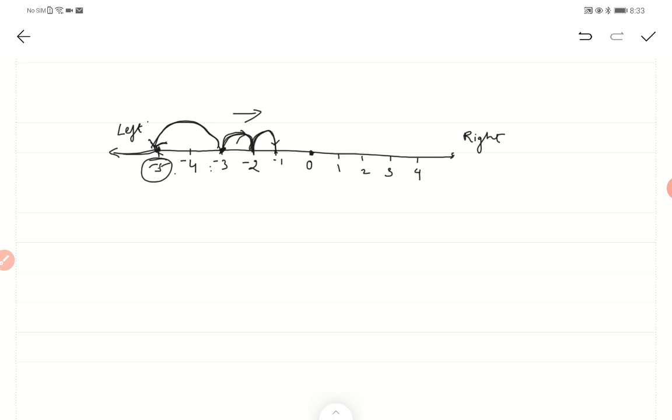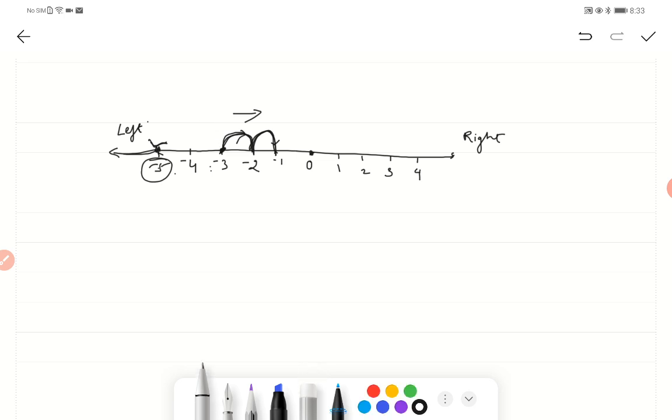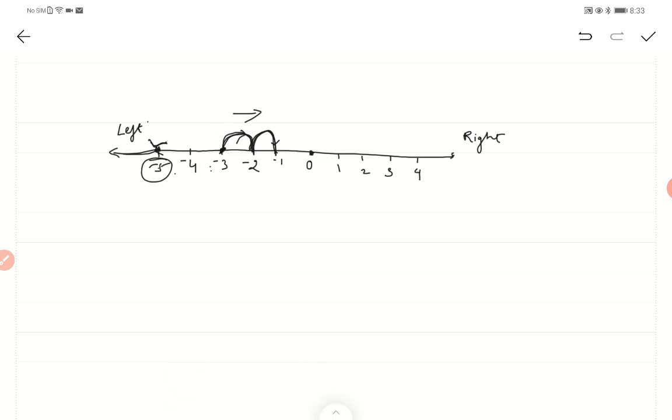This will be useful in your addition and subtraction. If they ask you to move 2 steps backward, you can move like this, or if they tell you 2 units, you can go directly like this.